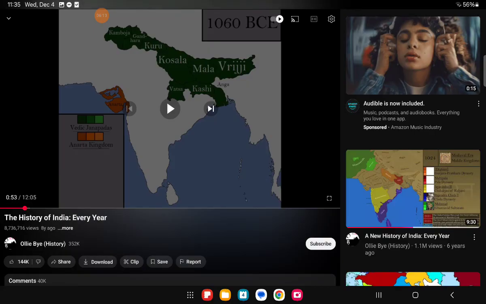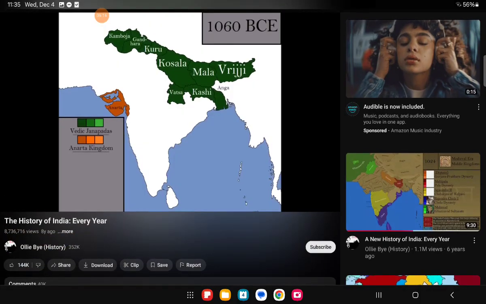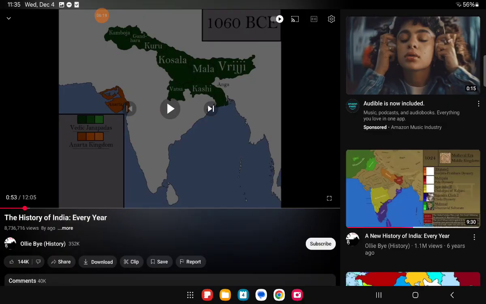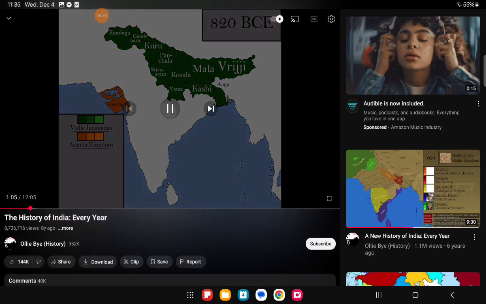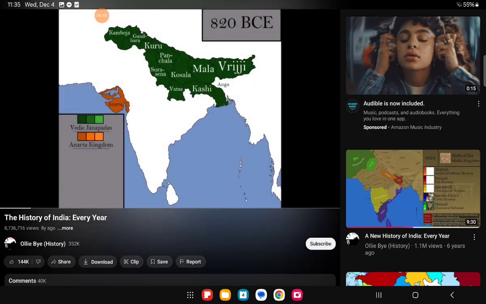So Vrijis around Arunachal Pradesh or Assam. And look, a new thing, an orange thing just appeared around Rajasthan, Gujarat. Sorosena's here now. Are they gonna touch? Now Kosala just lost some land, and now there's a Panchala here.